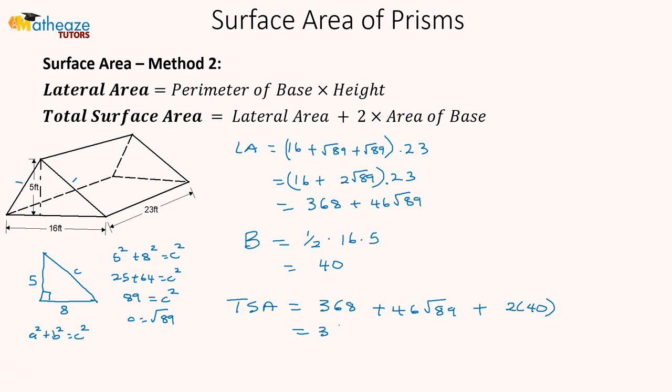So this is 368 plus 46 square root of 89 plus 80. So we add 368 and 80, we get 448 plus 46 square root of 89, and that is square feet.